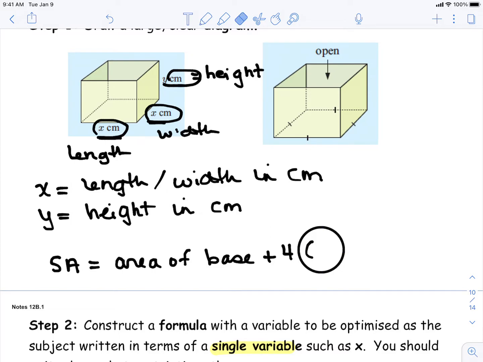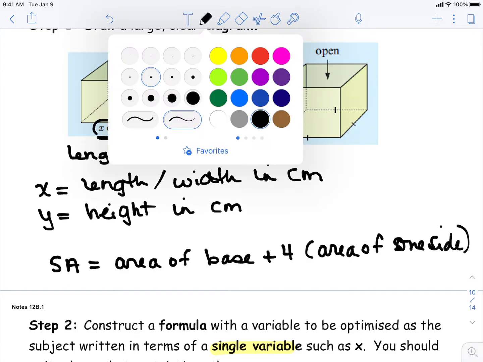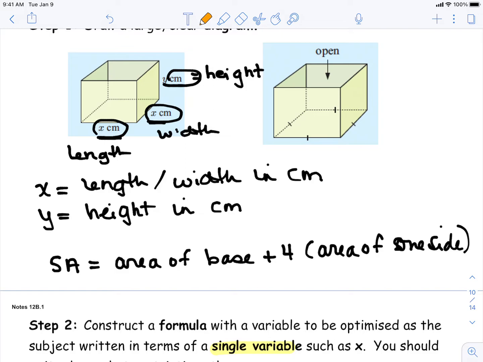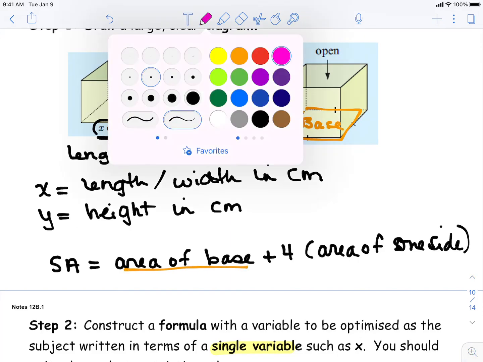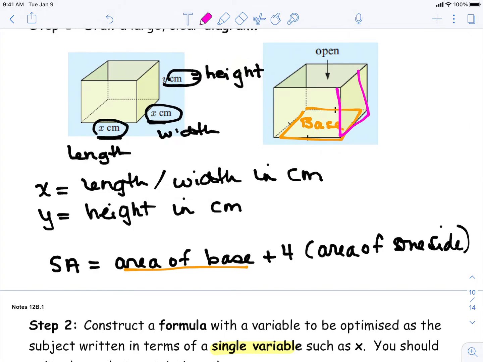So again, this is the base right here. And then we have the 4 sides, which would be in the pink.